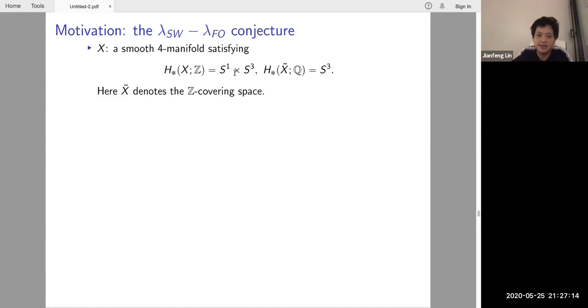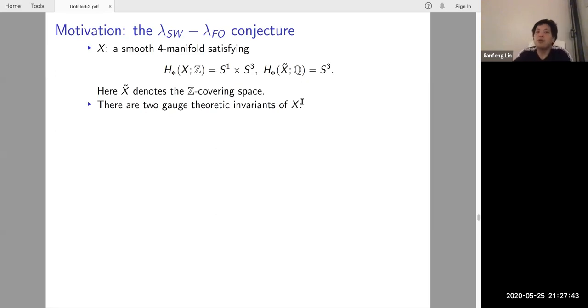Basically, X has the same homology as a circle times the 3-sphere, and we also require that the infinite covering space has the same homology as S3. So you can basically imagine X as some 4-manifold that cannot be distinguished from the standard S1 cross S3 if you just look at the homology. Okay?